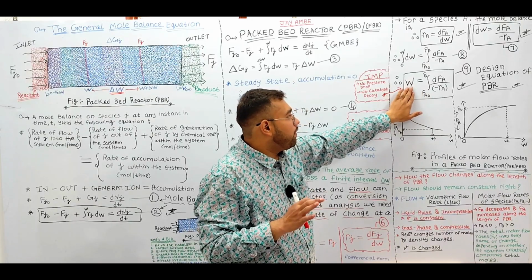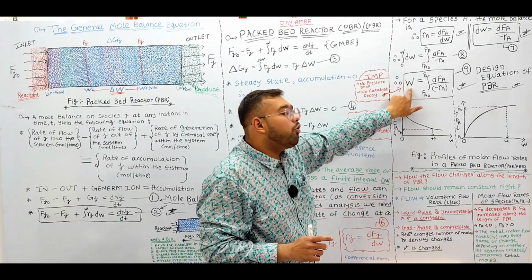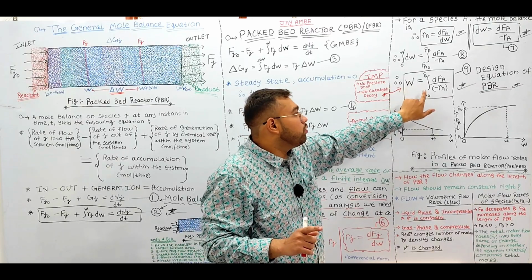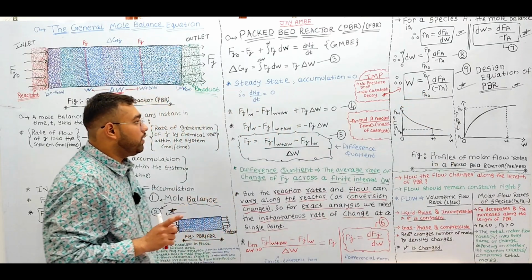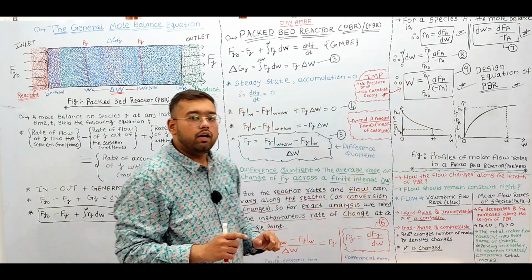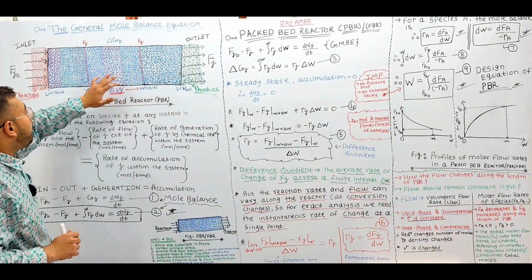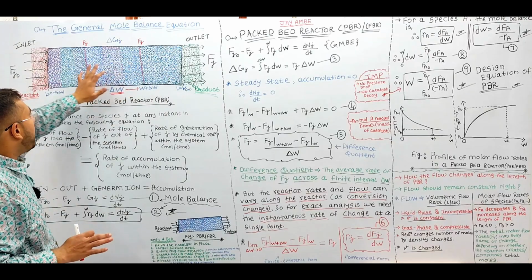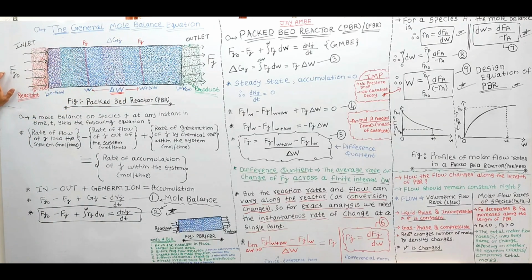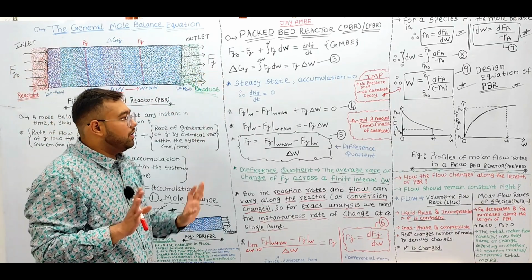By using this integral form of the design equation of the packed bed reactor, we can calculate the amount of solid catalyst required to reduce the molar flow rate of reactant from FA0 to the final molar flow rate FA.